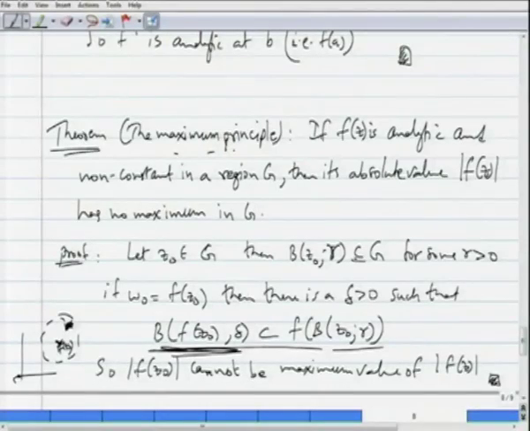So, the modulus of f of z has to have a maximum on the boundary of G, if G is bounded. Why? Well, the modulus of f of z firstly is a continuous function from G closure into the complex plane. So, a continuous function on a compact set, G I am assuming is a bounded set.